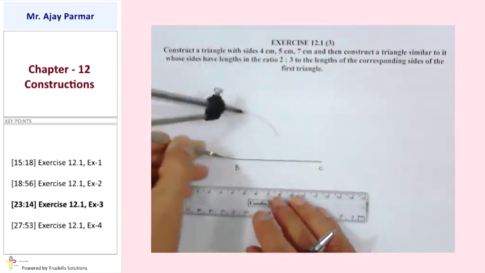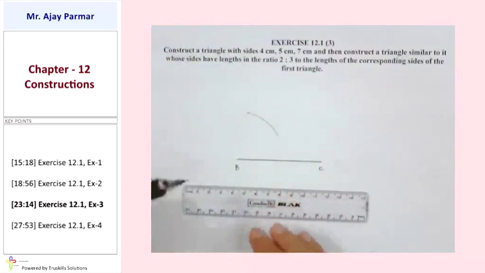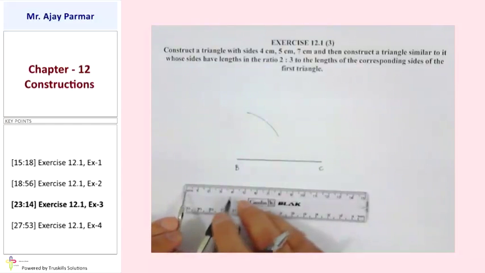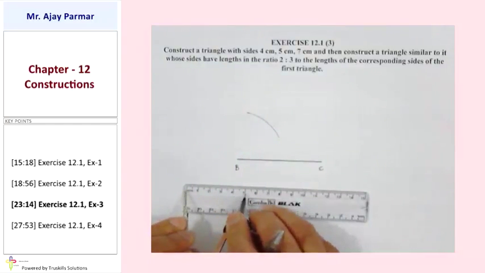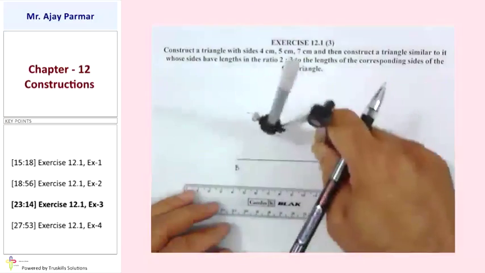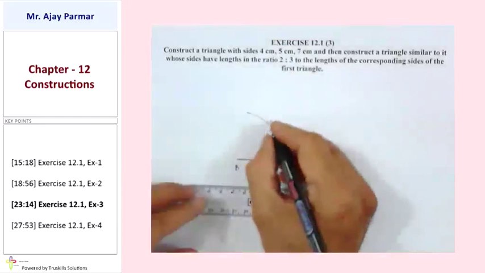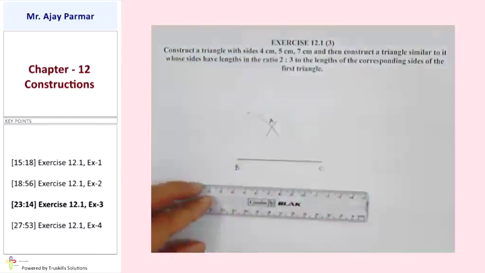I can draw an arc this way. Then taking 5 cm as the next side, so 5 cm as the radius, and taking C as the center, cut the previously drawn arc. And let us call this point as point A.